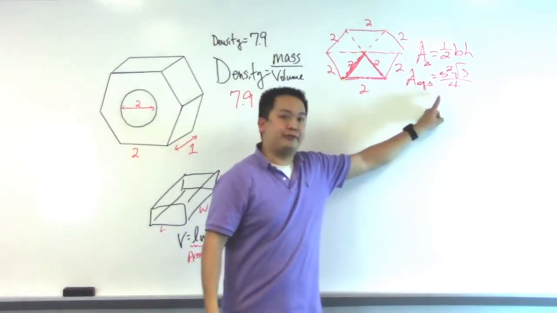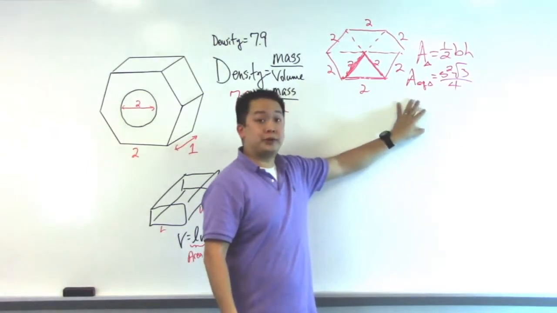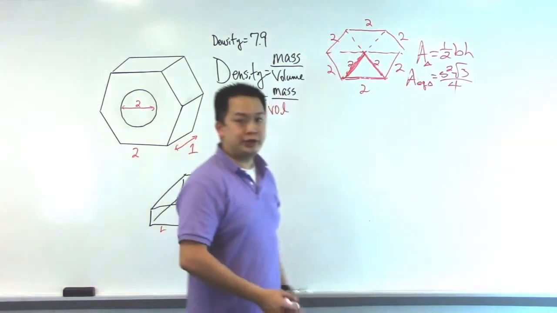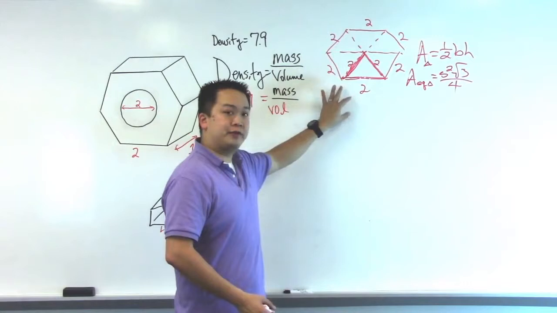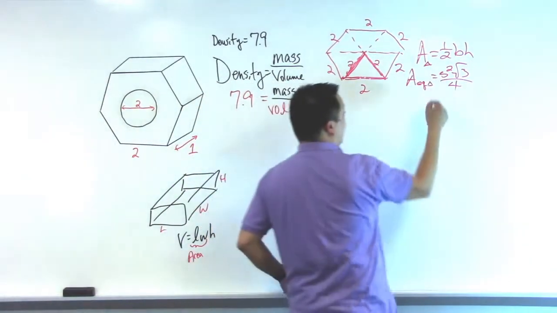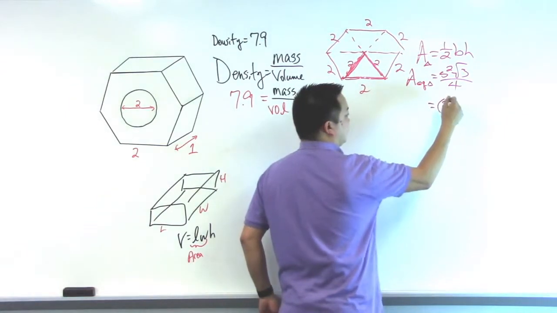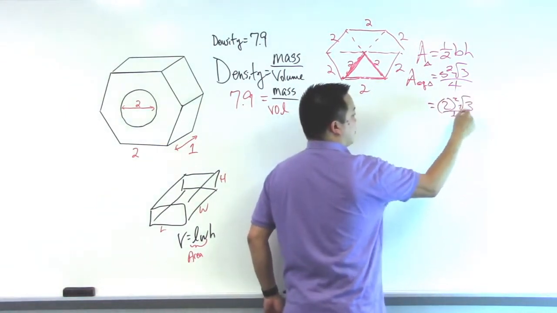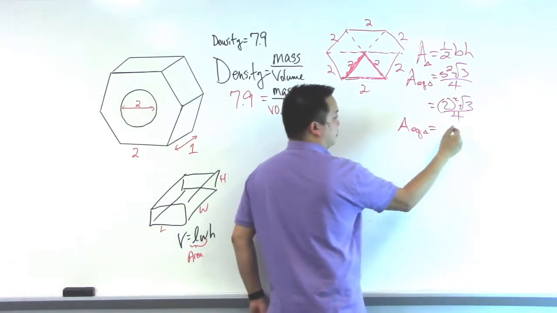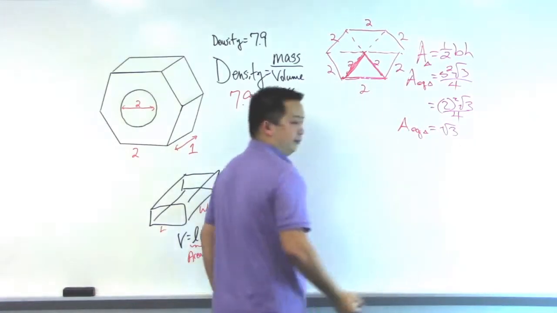This special area formula applies only to equilateral triangles. And this is advantageous to us because we would only need to know the value of the side of the equilateral triangle. So when we plug that into our formula, we would get 2 squared times radical 3 over 4. So the area of an equilateral triangle would be equal to radical 3.